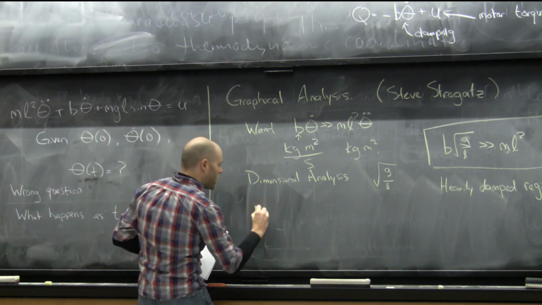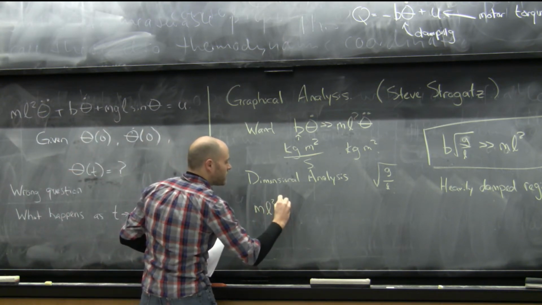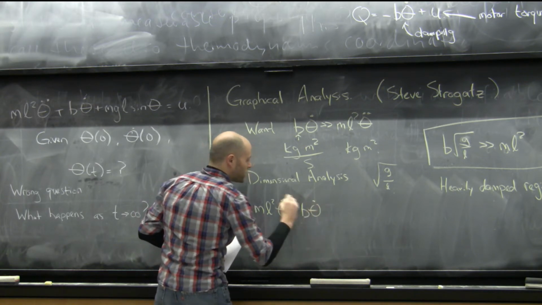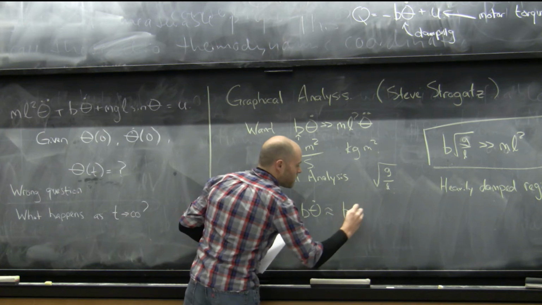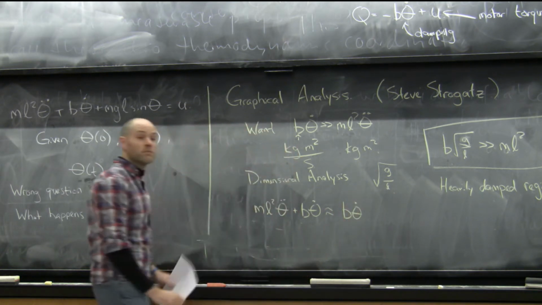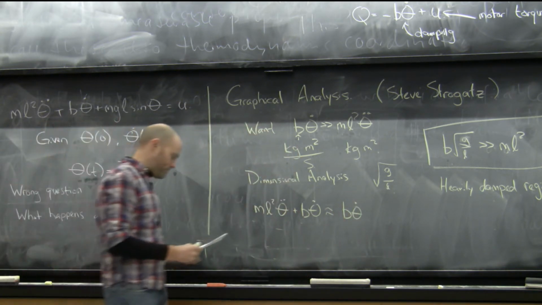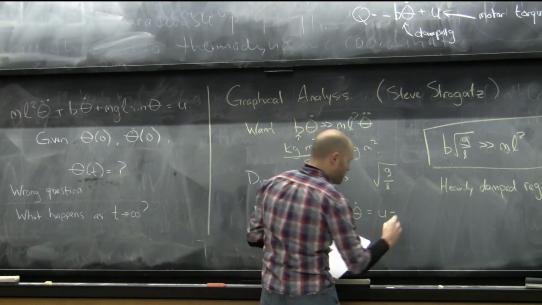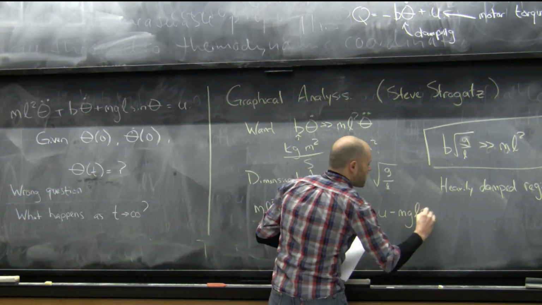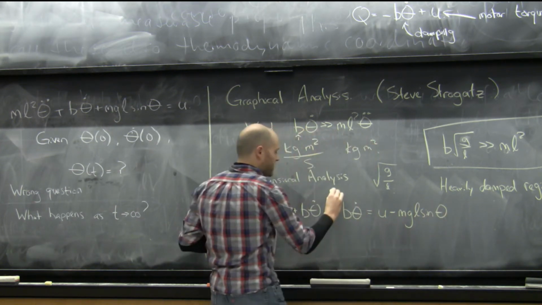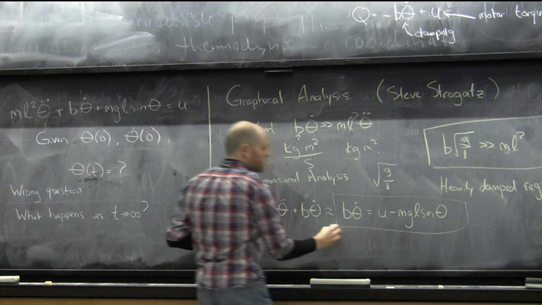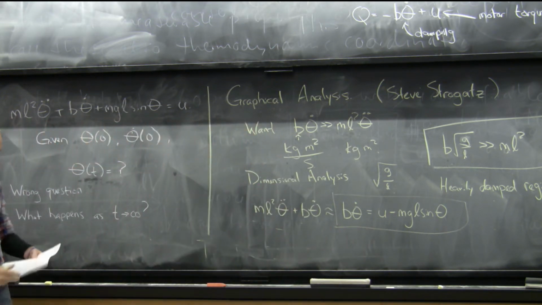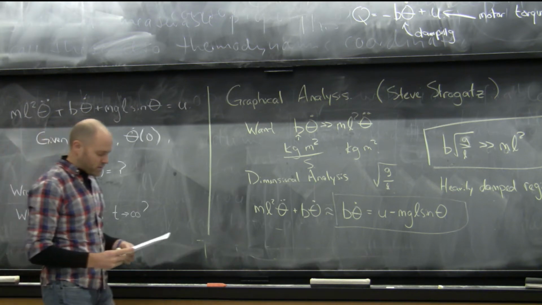Then it's okay to say theta double dot plus b theta dot is nicely approximated as b theta dot, and having everything else move to the other side. Let's take a minute and think about this equation first. This is a version of a particular parameter regime for the simple pendulum.